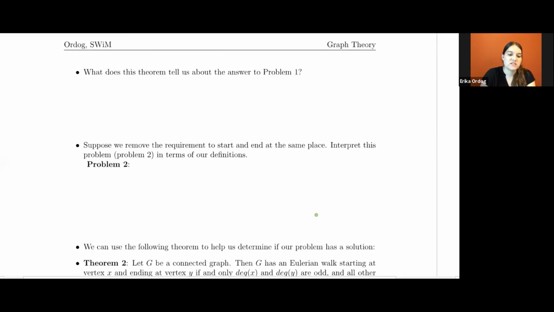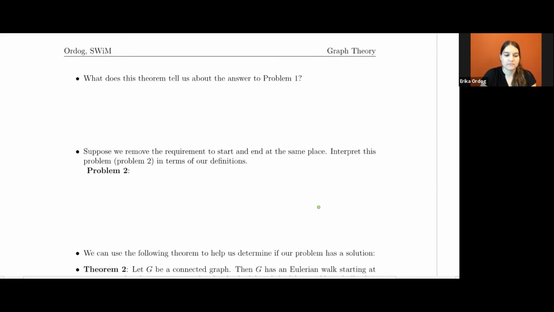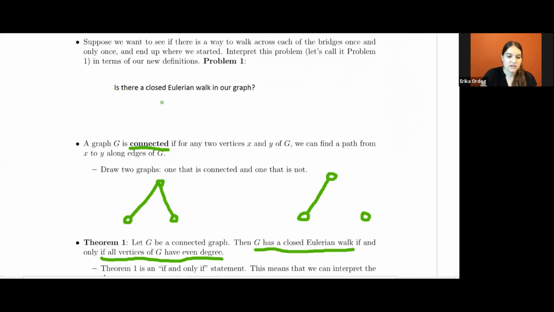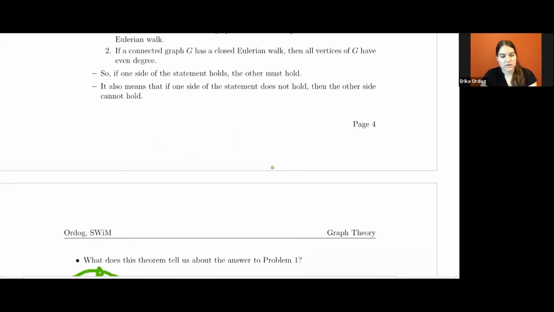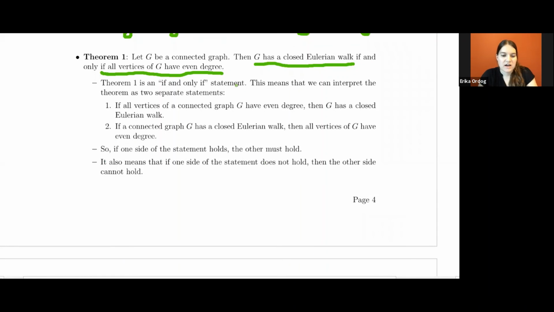So what does this theorem tell us about the answer to problem 1? Problem 1 was: is there a closed Eulerian walk in our graph? Let's redraw our graph so we can look at it here. We have our 4 vertices, our 4 land masses, and then the 7 edges representing the bridges connecting them. Our theorem tells us that G has a closed Eulerian walk if and only if all vertices of G have even degree.